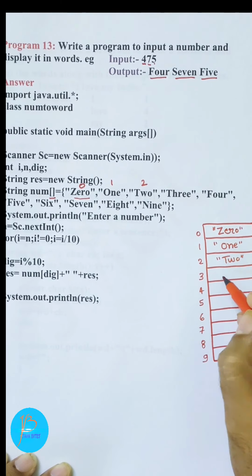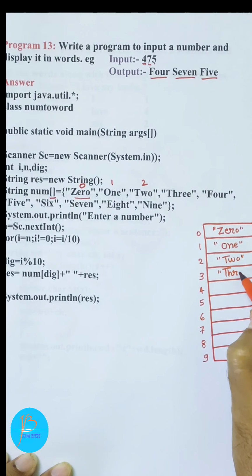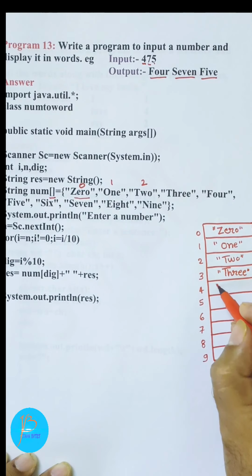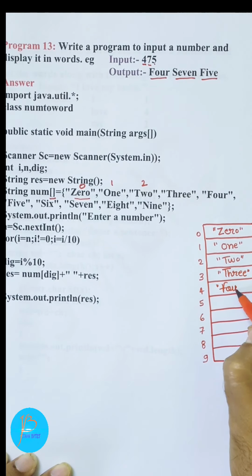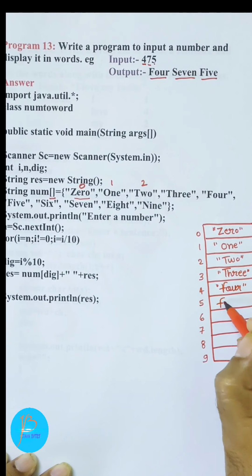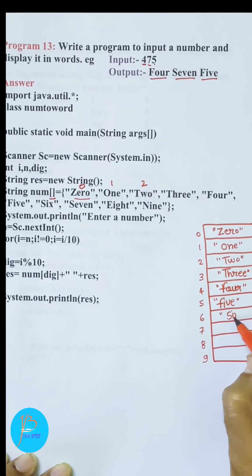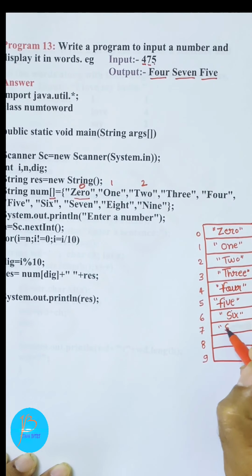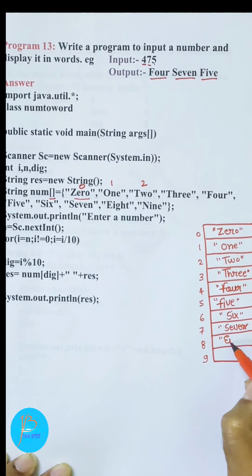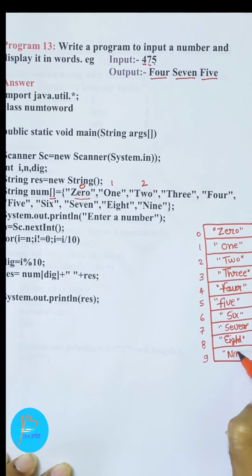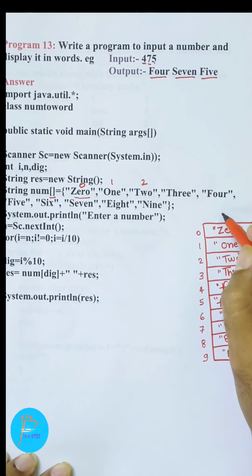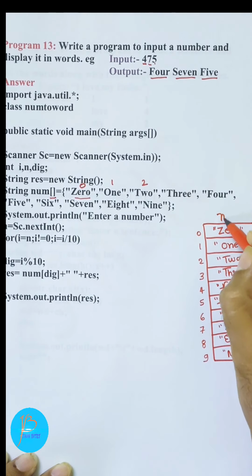The format of the array looks something like this. And at index number 9, we have nine. The name of the array is num.